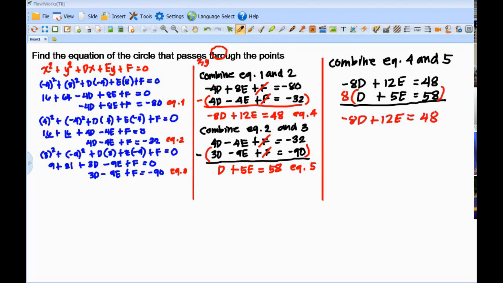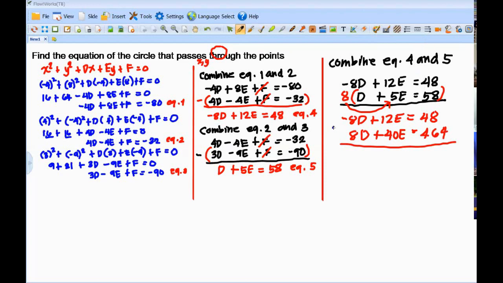And then we multiply by 8: 8D plus 40E, and 8 times 58 is 464.